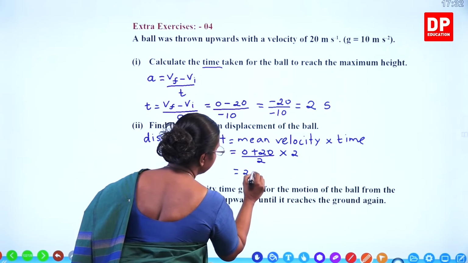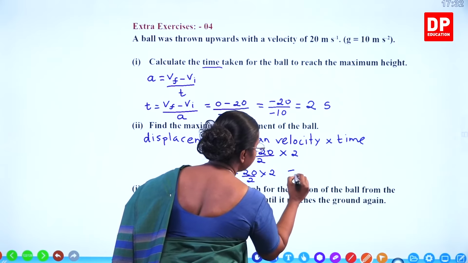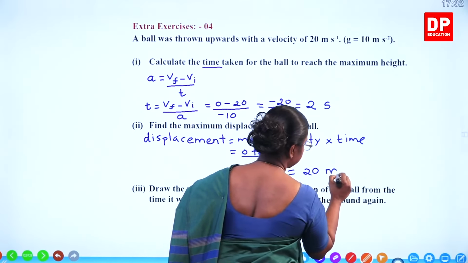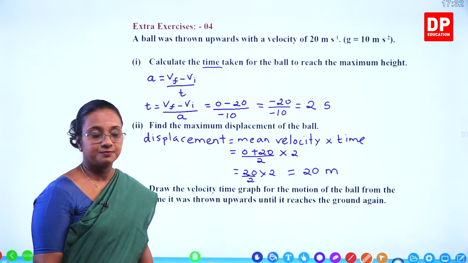So it's going to be 20 divided by 2 into 2. That will be equal to 20 meters. So the displacement, that is the maximum height reached by the ball, is going to be 20 meters.